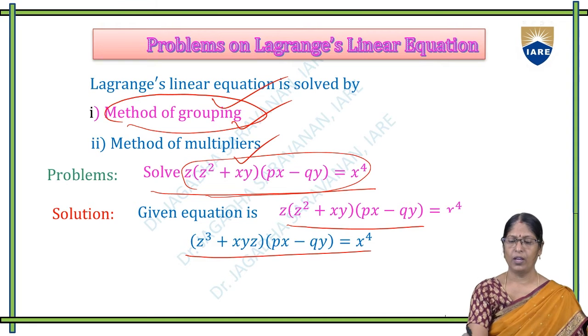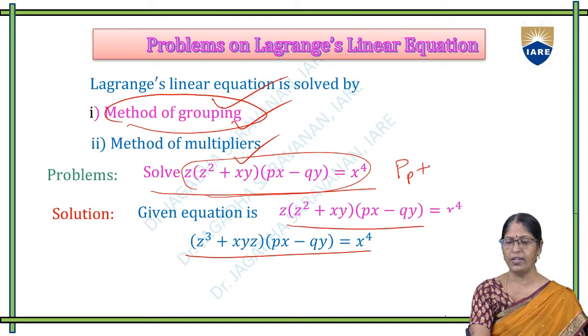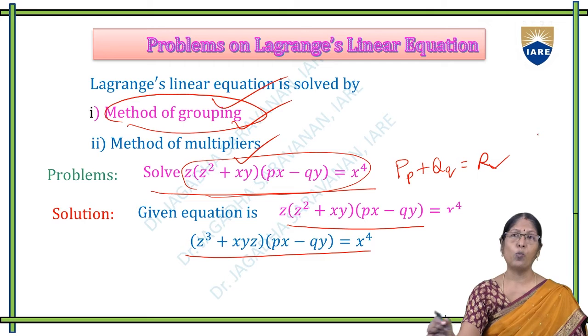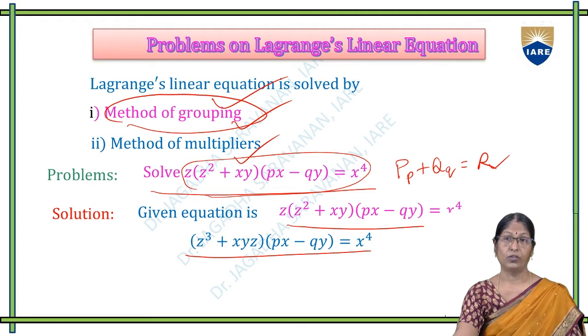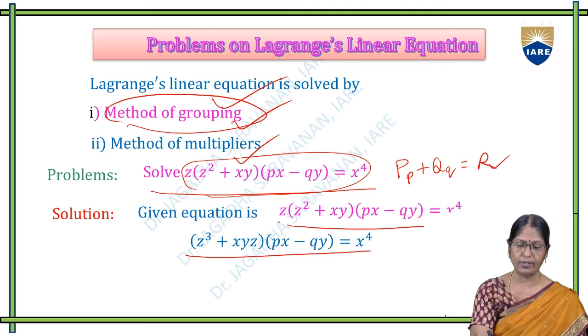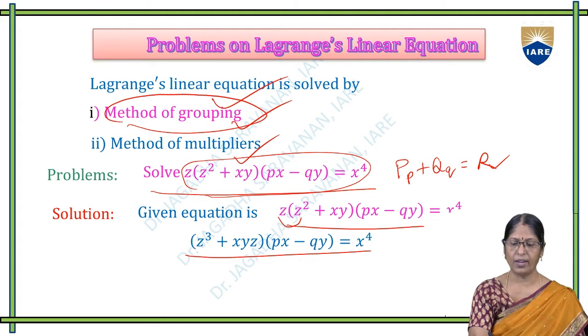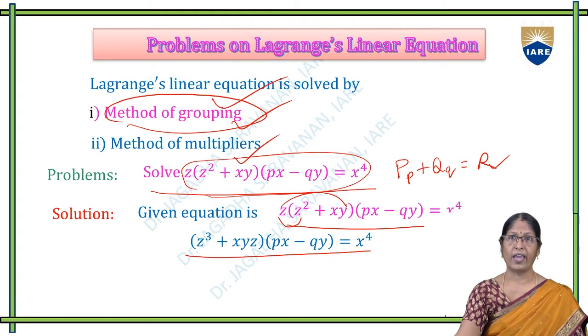Our aim is to get the Lagrange's linear equation format, that is Pp + Qq = R. To bring it to this format, we modify the question. First, we take the z inside. So z into z² is z³, and z into xy is xyz. Here we notice (px − qy) = x⁴.